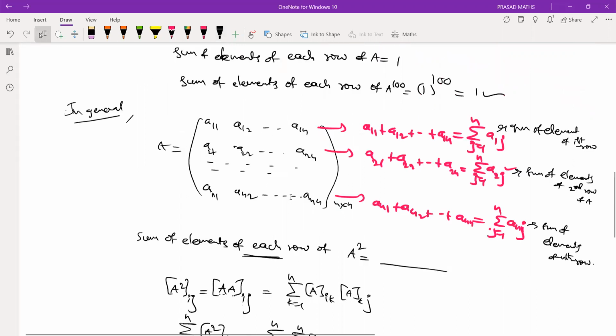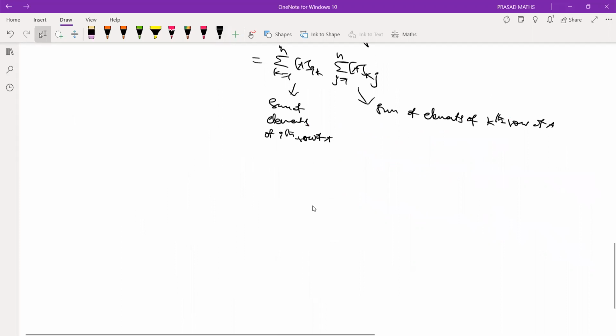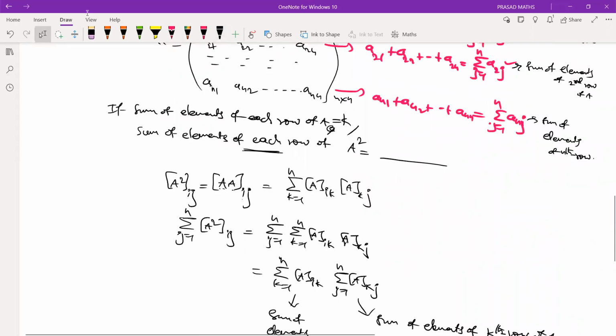But what you are given is that the sum of elements of each row of A is, say, L. You're asked to find the sum of elements of each row of A square. So you're using a different notation, because I'm using k equals 1 here.